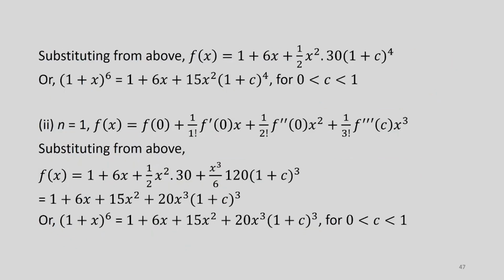So, those things are substituted in this form. So, I get this. It can be simplified further on the right hand side. So, on the right hand side, I get 1 plus 6x plus 15 x square multiplied by 1 plus c to the power 4, where c is any number between 0 and 1.